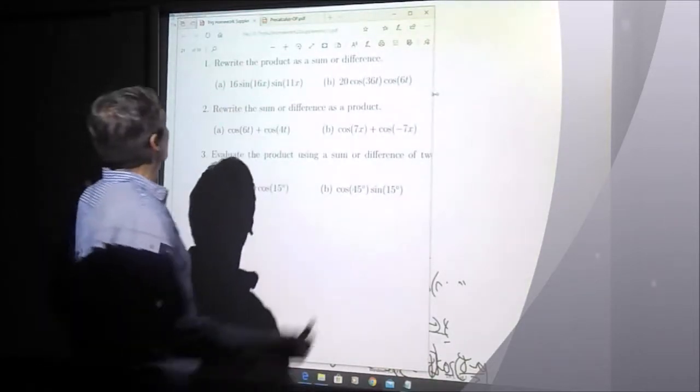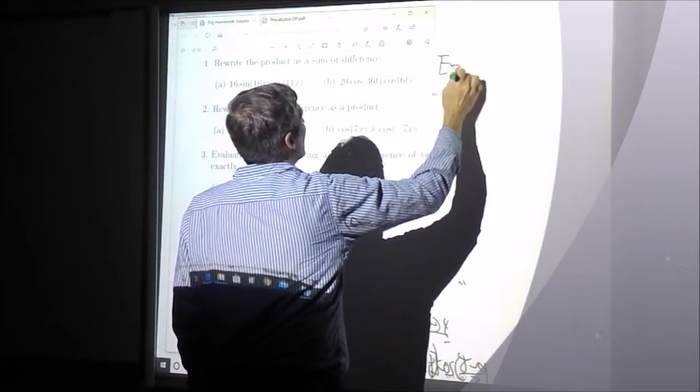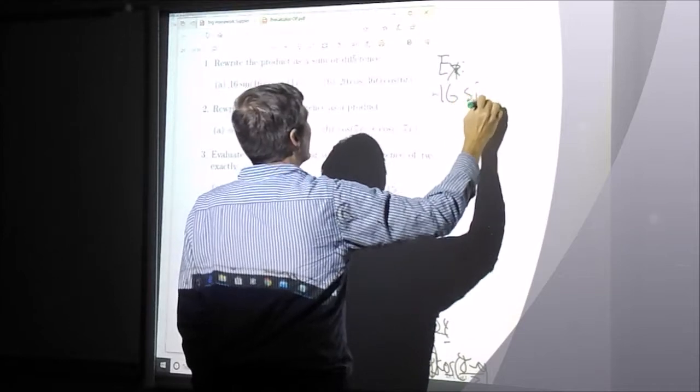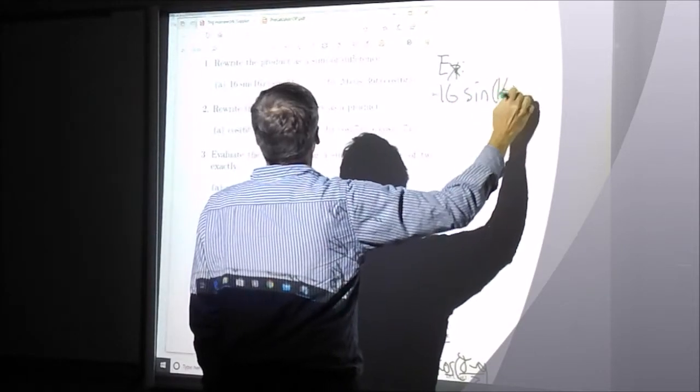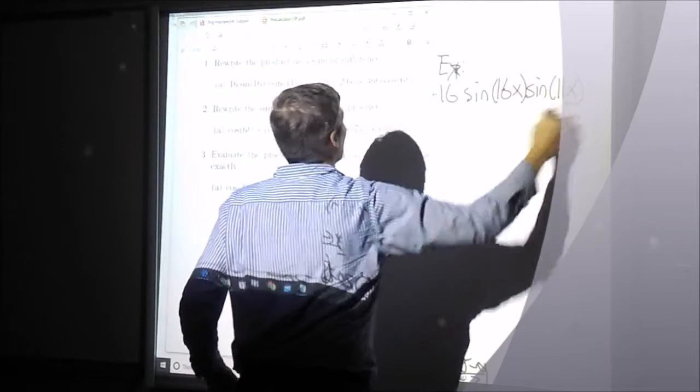Rewrite this product as a sum or difference. 16 sine 16x sine 11x.